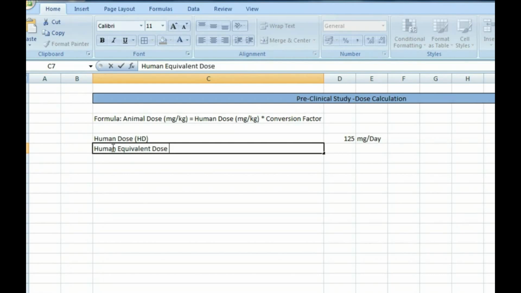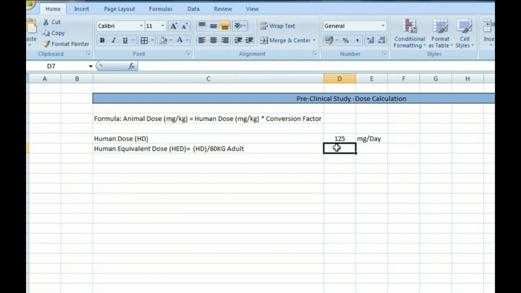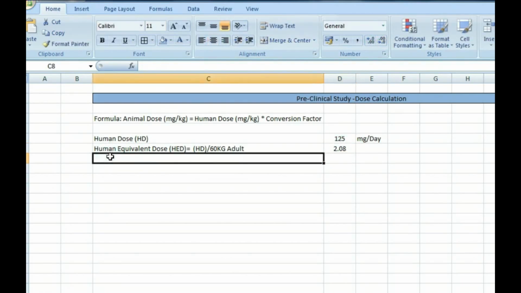Here we are going to write in bracket HED is equal to HD divided by 60 kg adult dose, and in many places they are taking 70 kg also. We are mostly using 60 kg, so that is divided by 60 kg. So 125 divided by 60 is 2.08.